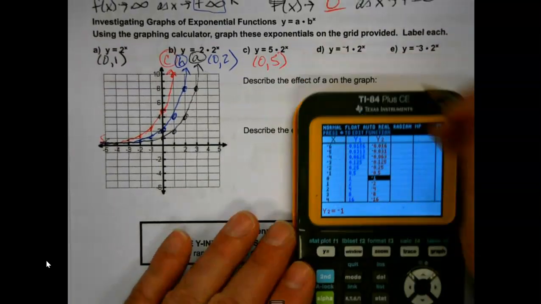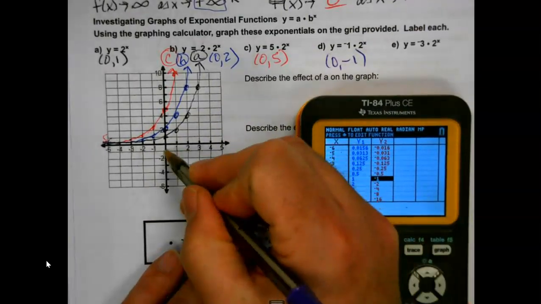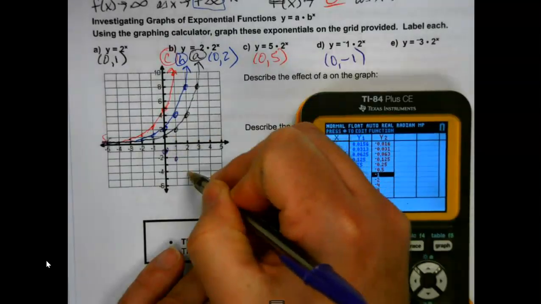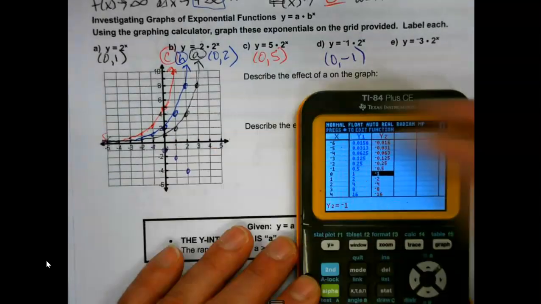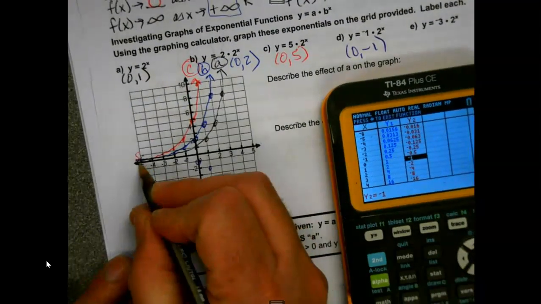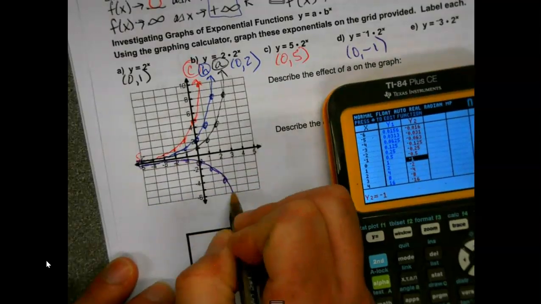Go to my y-intercept. My y-intercept is 0, -1. And so what I see is it's a mirror image of my base graph. It's just reflecting about the x-axis.